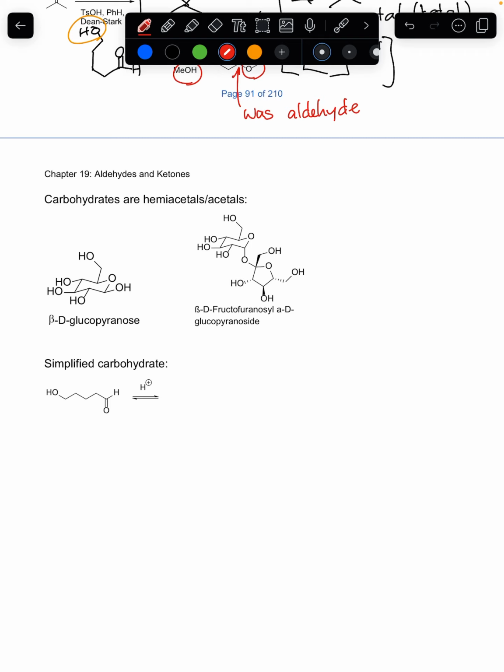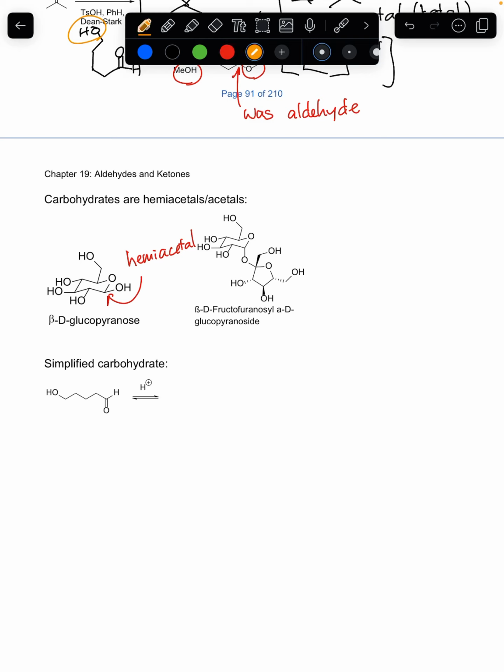So every carbon has at least one OH group. And here's the carbon that was the aldehyde before this would have cyclized, and this would have been the alcohol oxygen right here that would have cyclized onto the protonated aldehyde carbonyl.